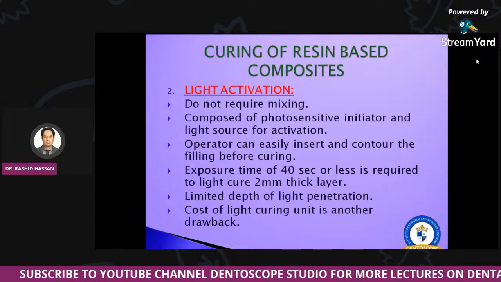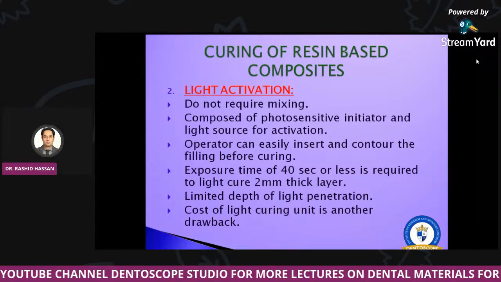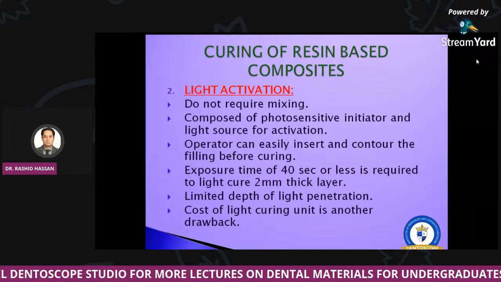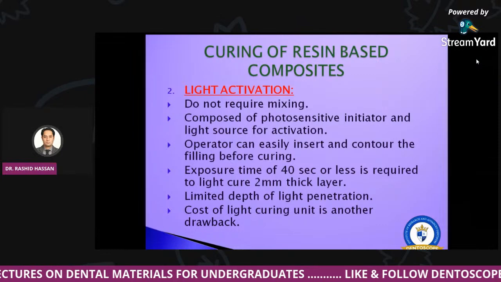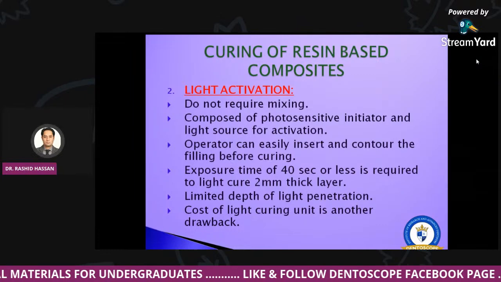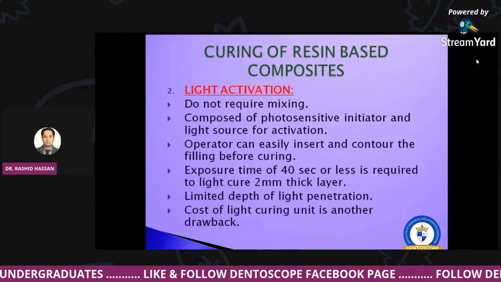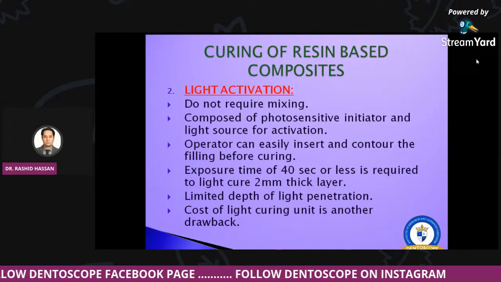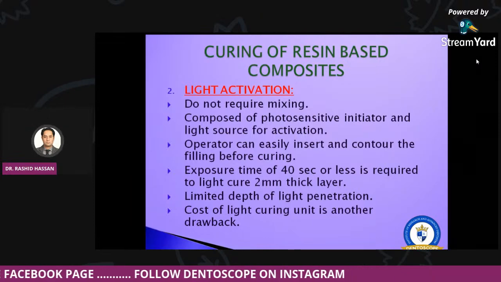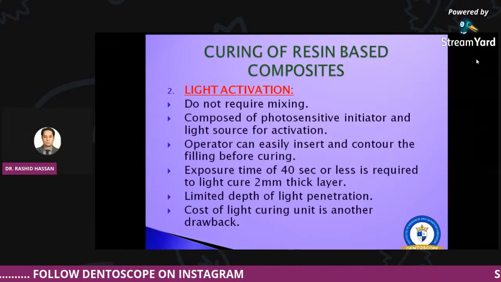He can easily take out the dental composite, insert it into the cavity, make all the margins, the anatomy of the tooth, do all the carving procedure, and recreate the anatomy, and then he can introduce the blue light. So he is in full control of the polymerization reaction.